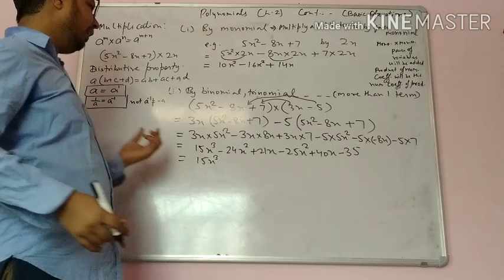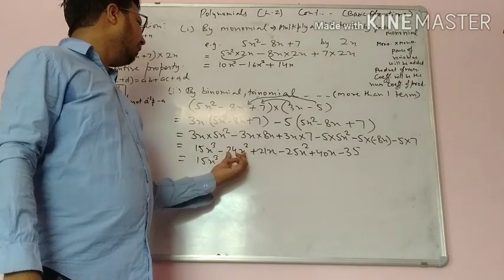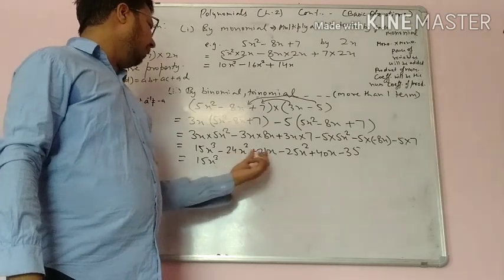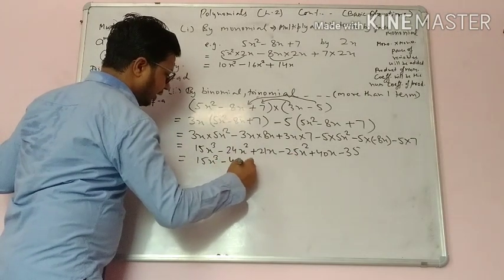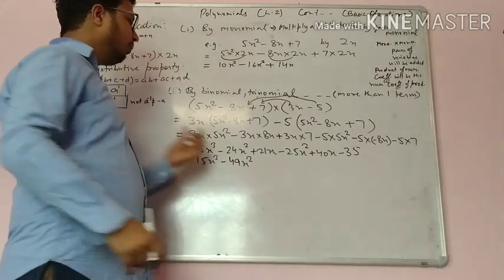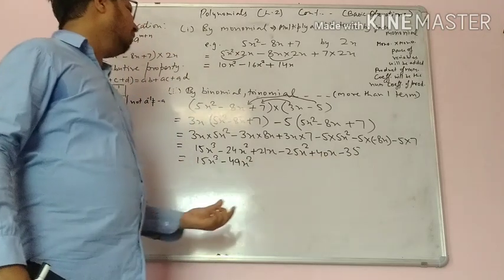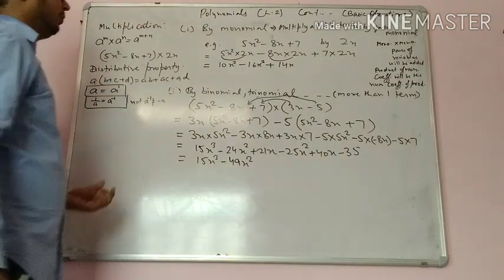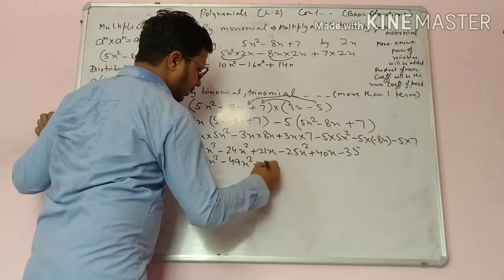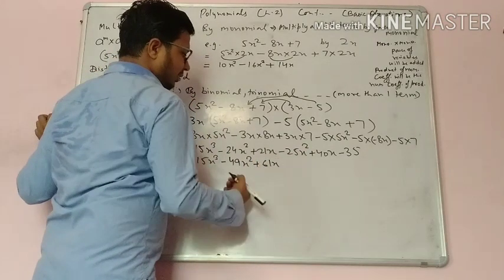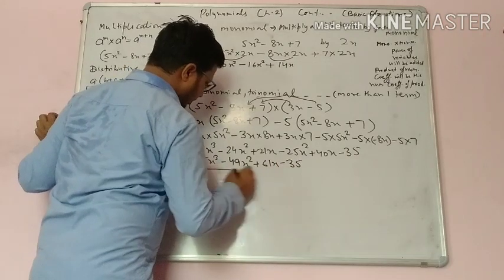Now you can add the like terms: minus 24x square and minus 25x square will be equal to minus 49x square. Then 21x plus 40x is equal to plus 61x, and minus 35. That will be the result.